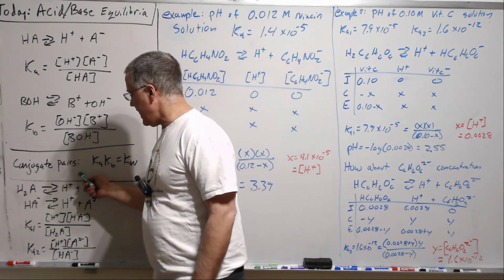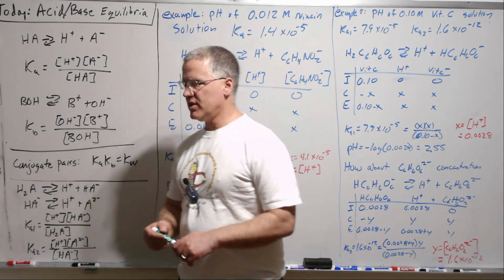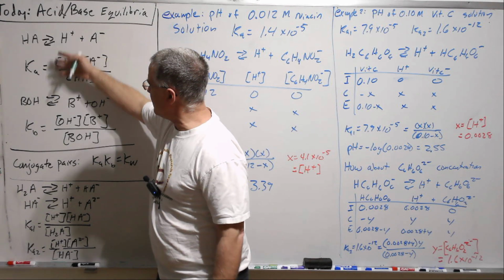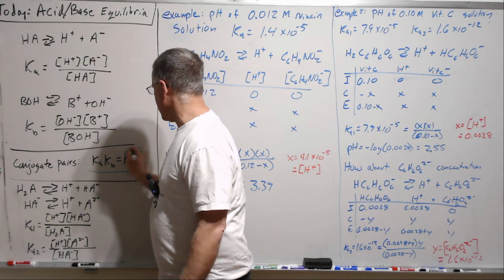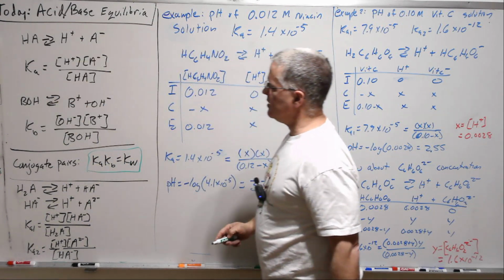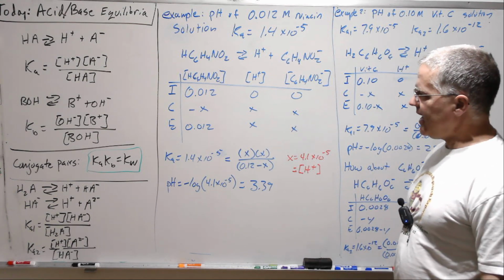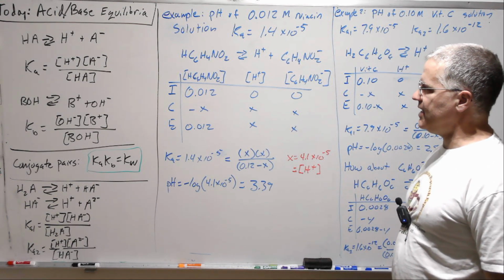For conjugate pairs, there's a special relationship. So not these two, these are different acids and bases, but for the conjugate pairs, then Ka times Kb equals Kw.